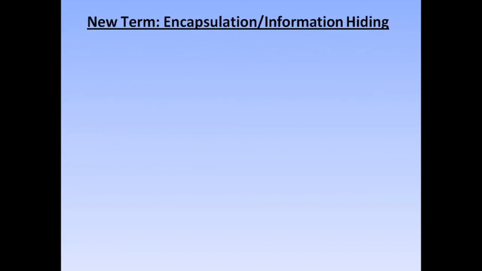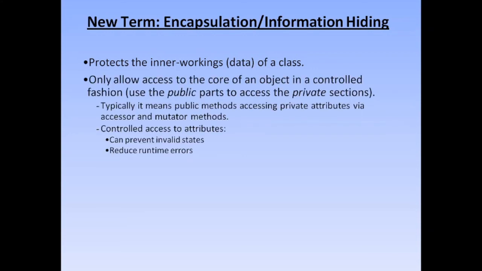Then what is encapsulation, and a related term, information hiding. Encapsulation protects the inner workings of the data of a class. Only allow access to the core of an object in a controlled fashion. Use the public parts to access the private sections. Typically it means public methods accessing private attributes via accessor and mutator methods.